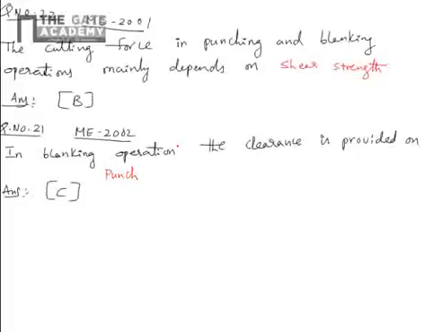Next question is question number 19, 2003, 2 marks question. A metal disc of 20 mm diameter is to be punched from a sheet of 2 mm thickness.